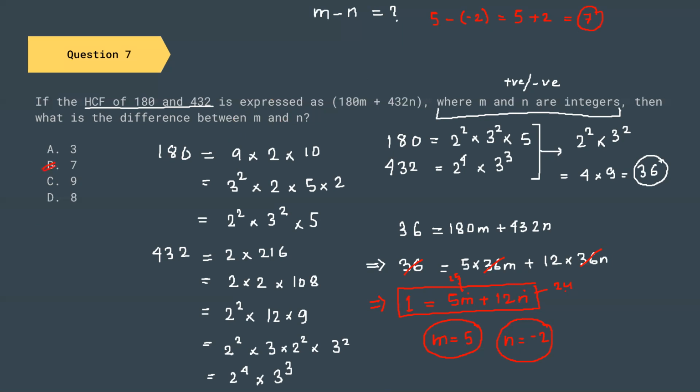So this is our correct result. Most students assume that if they are saying integers, they are talking about positive integers only. But remember that integers means both positive numbers and negative numbers as well. So consider both sides of the spectrum.